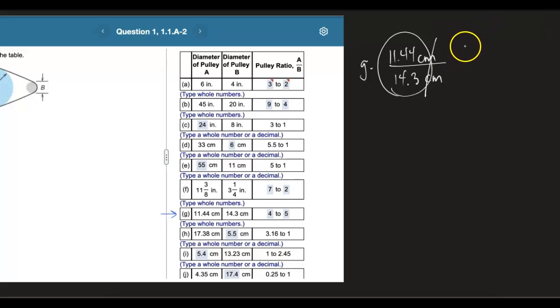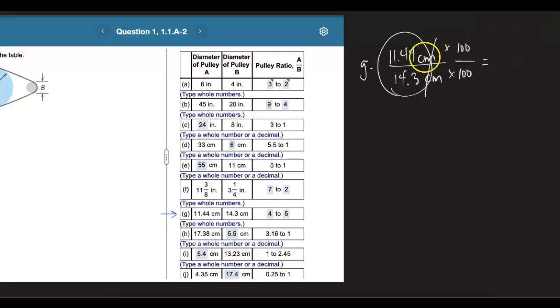One way that the text suggests is we could multiply the numerator and denominator by 100. In doing so, we're really multiplying by 100 over 100, which is essentially the number 1. And that's why we can do that, because multiplying anything by 1 doesn't change that thing.